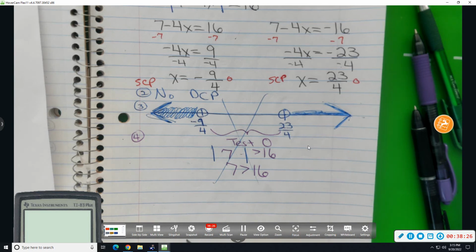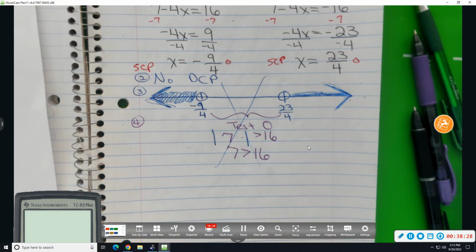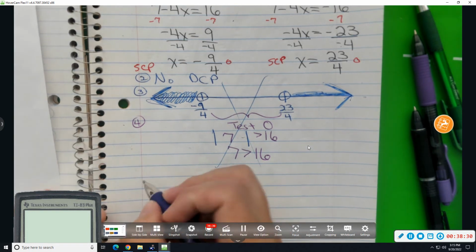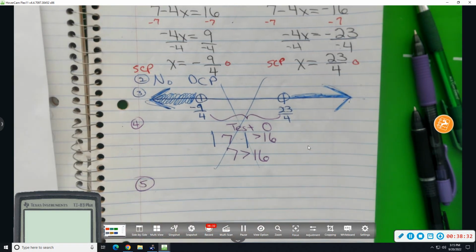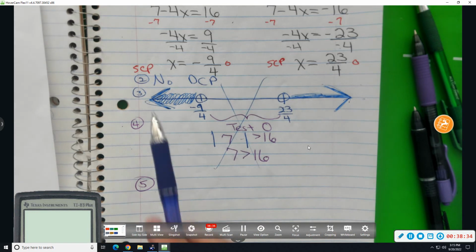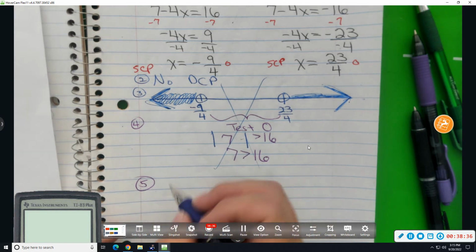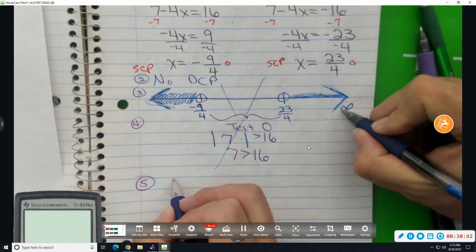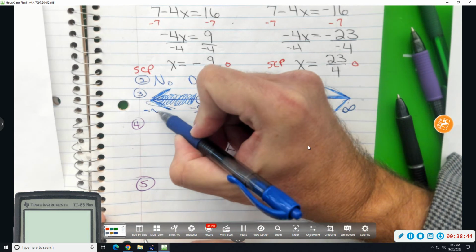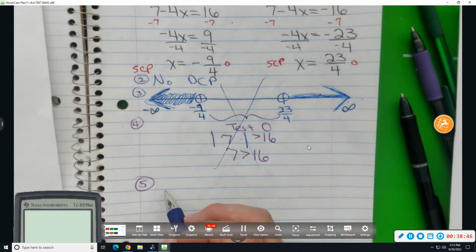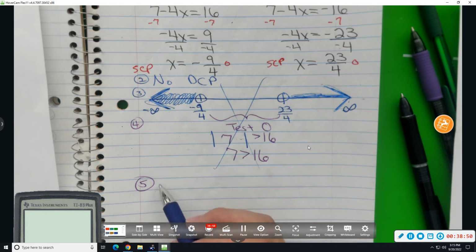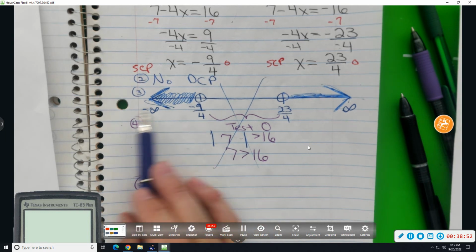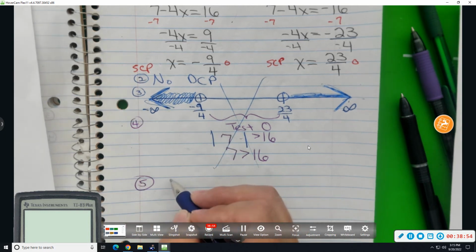Fifth and final step, interval notation. Let's do this first interval. Those are infinity symbols I just wrote, not 8. How do we write them in interval notation?